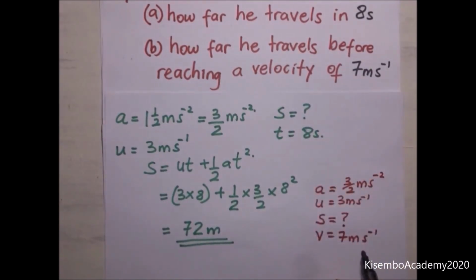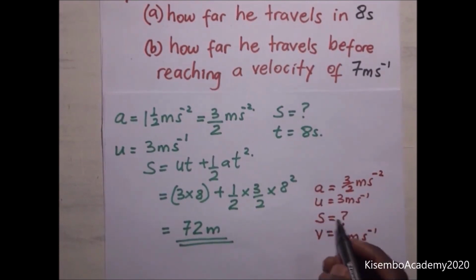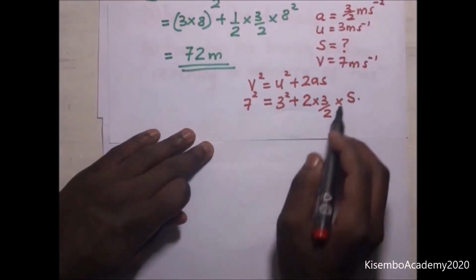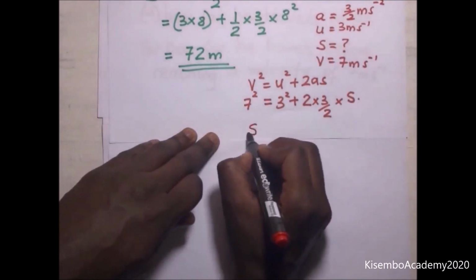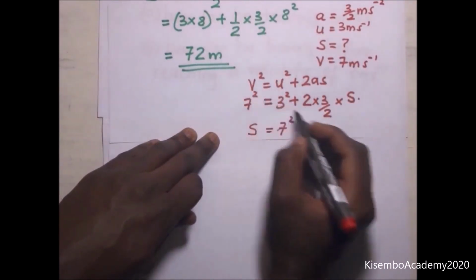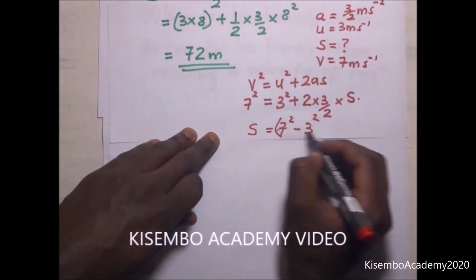So now still here, to get our value of s, we shall use v squared is equal to u squared plus 2as. That's going to be now our final velocity 7 squared, is going to be initial velocity, which is 3 squared, plus 2 times the acceleration, which is 3 over 2, times the value of s we are looking for. So making s the subject of the formula here, s is going to become 7 squared minus 3 squared.